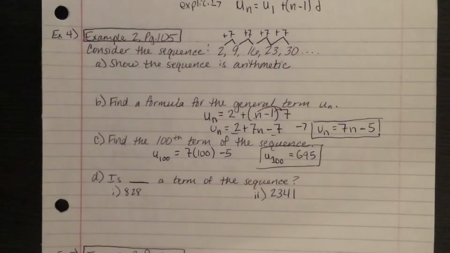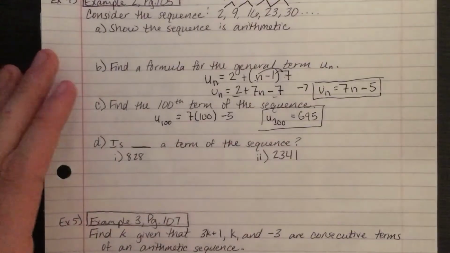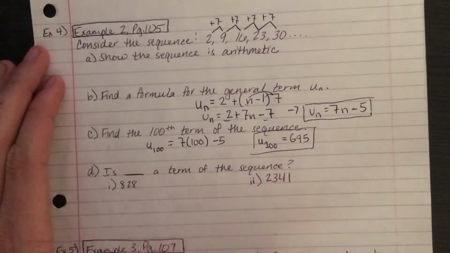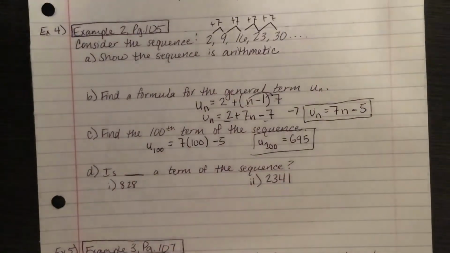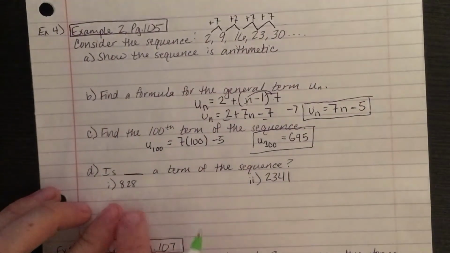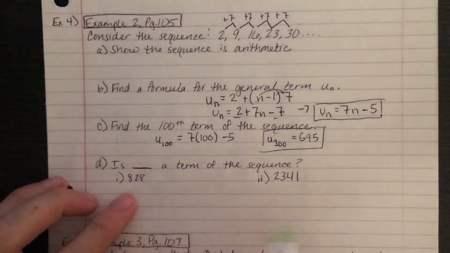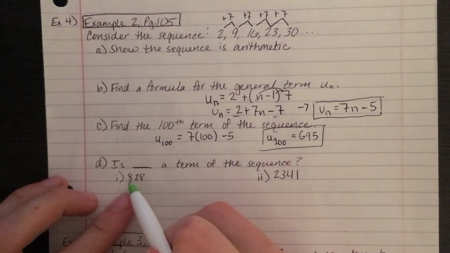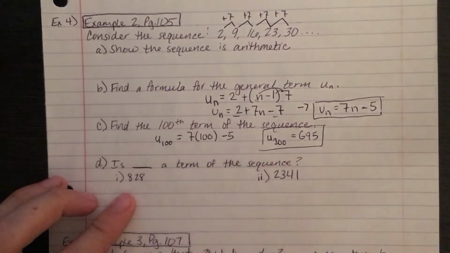What we can also do is figure out whether certain values are terms of this sequence. For example, if we want to answer the question, is 828 a term of this sequence?